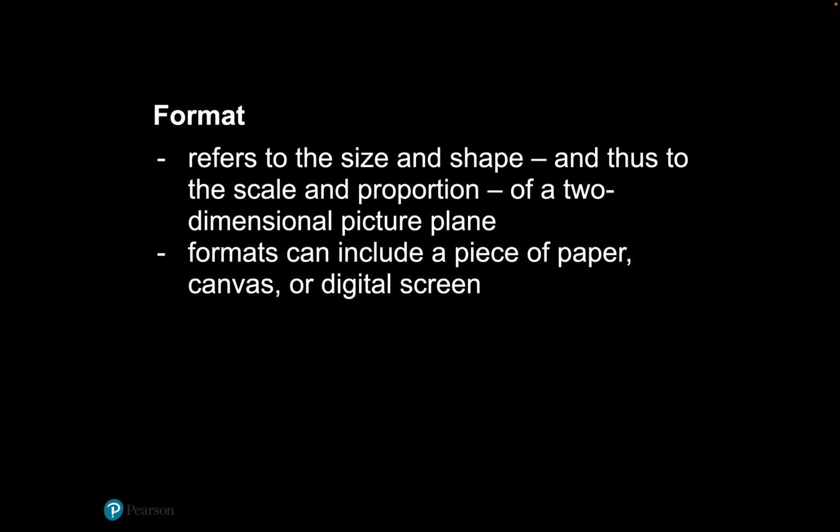Remember that the format can include a piece of paper, a canvas, a screen, a wall, a floor; anything that an artist is using as the base to create work on is known as the format. The artwork, in a sense, is somewhat dictated by its format, and an artist would not draw the same drawing on a sheet of square paper as they would on a rectangular piece of paper or a wall. So keep those things in mind regarding format.